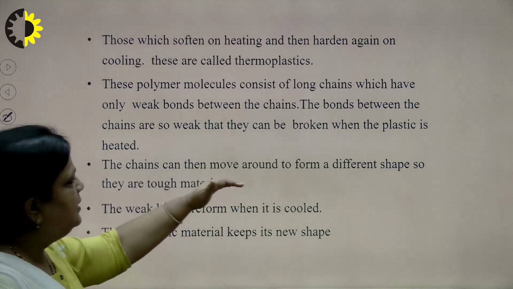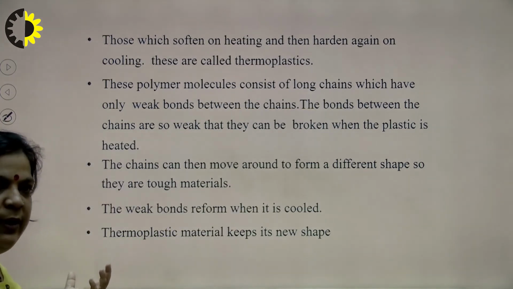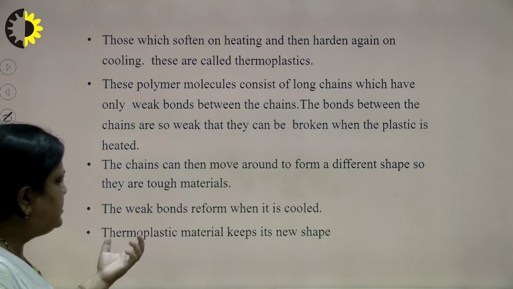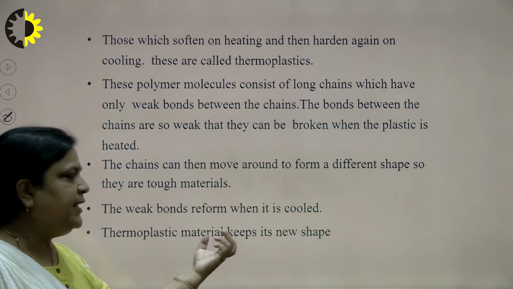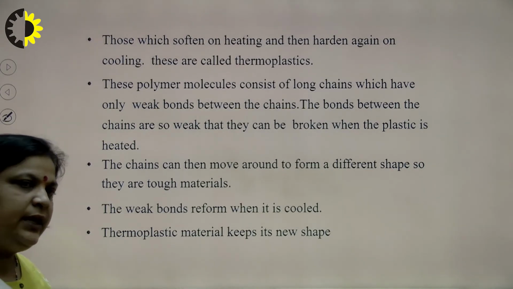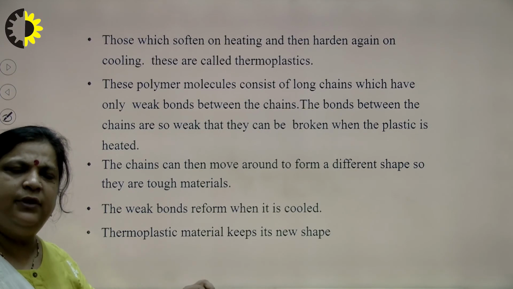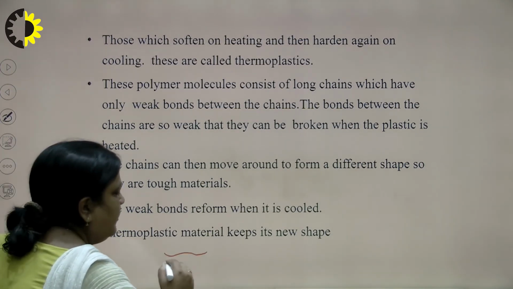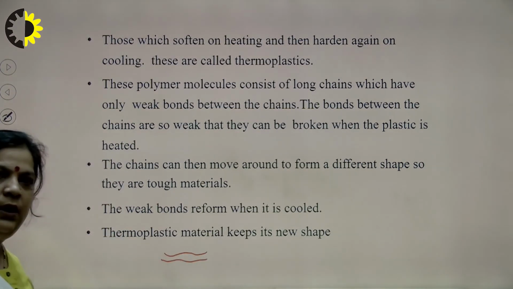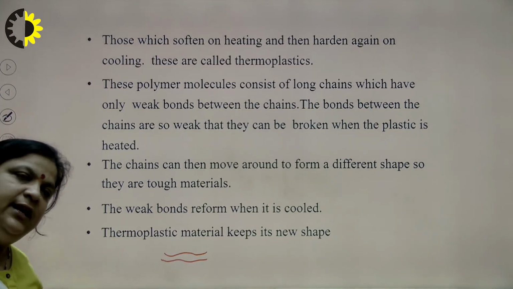The chains can move around to form a different shape, so they are tough material, and the thermoplastic keeps the new shape. An example of a thermoplastic material is PVC. If a linear structure is there generally, then this type of polymer is called thermoplastic. So one point we may write is that they generally have a linear structure.